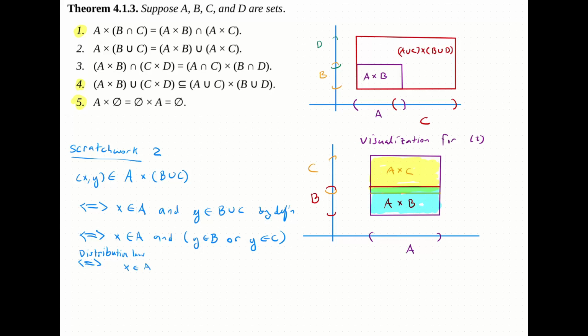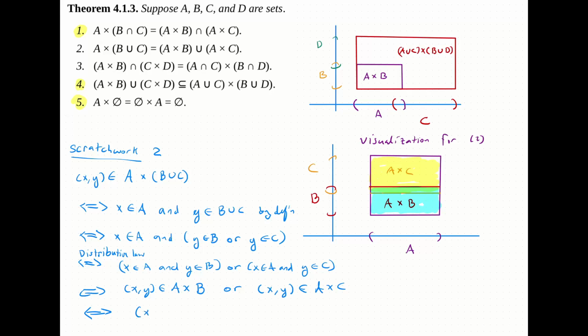We will have x is in A and y is in B, or x is in A and y is in C. But now if x is in A and y is in B, by definition of ordered pair, we have that x comma y is in the Cartesian product of A and B, or similarly, we have x comma y is in the Cartesian product of A with C. And now that or, by definition of union, tells us that x comma y is in the union of A Cartesian product B and A cross C. And so that gives us the sketch of the proof for this.